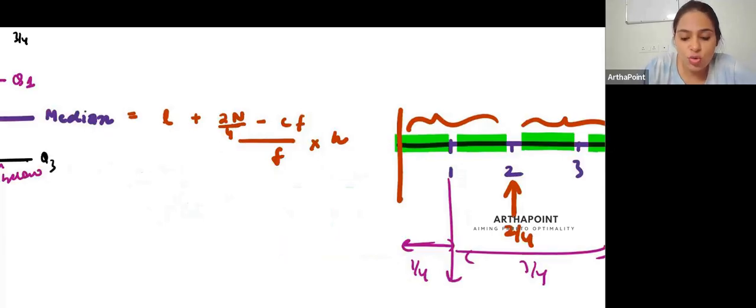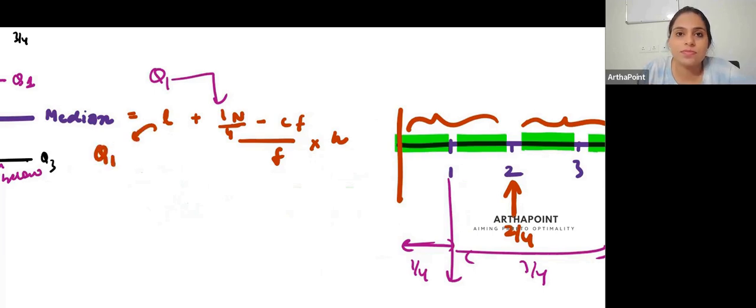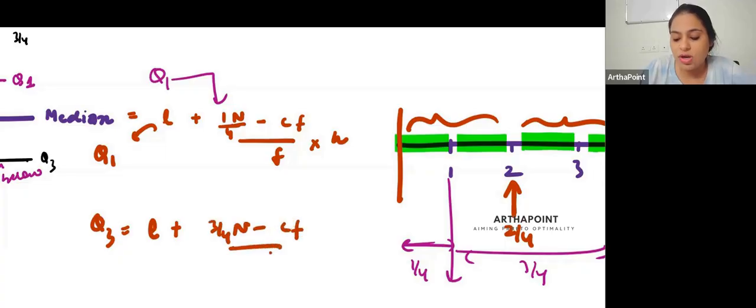So for Q1, instead of 2 by 4, I have 1 by 4. If I write it like this, this is the formula for Q1. Similarly, for Q3, instead of writing 1 by 4, I just have to write 3 by 4. Then the formula will change into the formula of Q3.